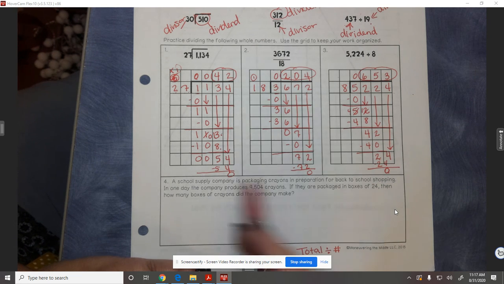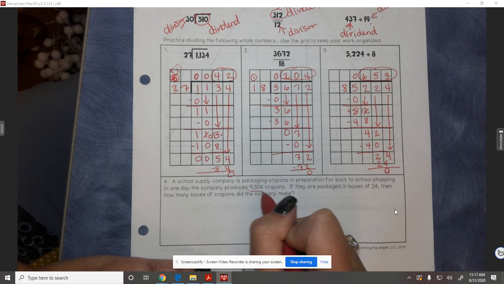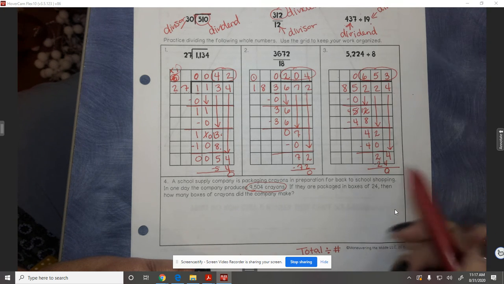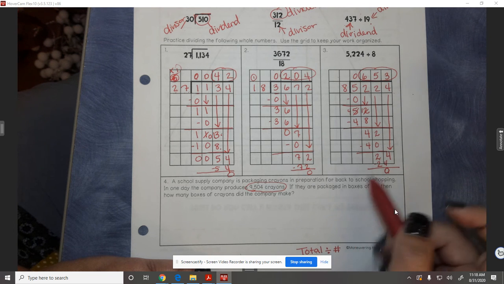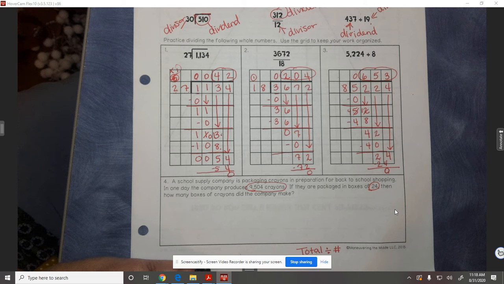So if we go back and we look, finding our important information, the total number of crayons they make in one day is 9,504 crayons. That's a lot of crayons, a lot of coloring going on. And they're being packaged or divided into 24 per box.